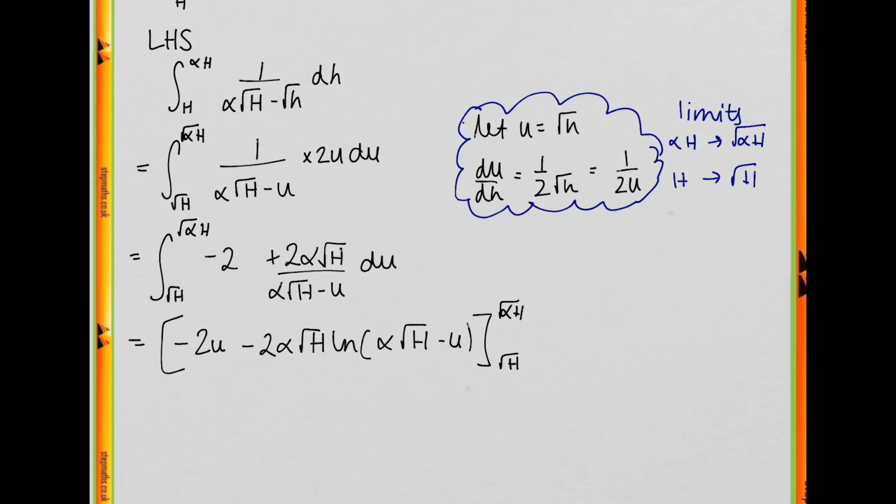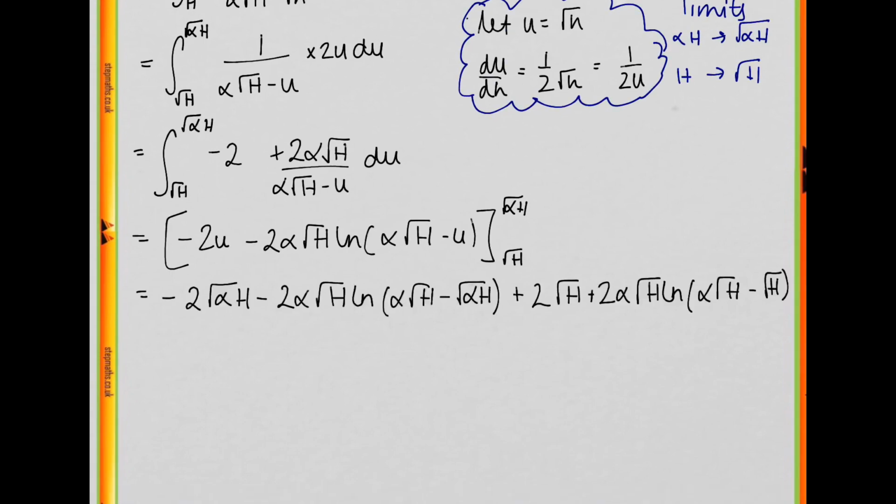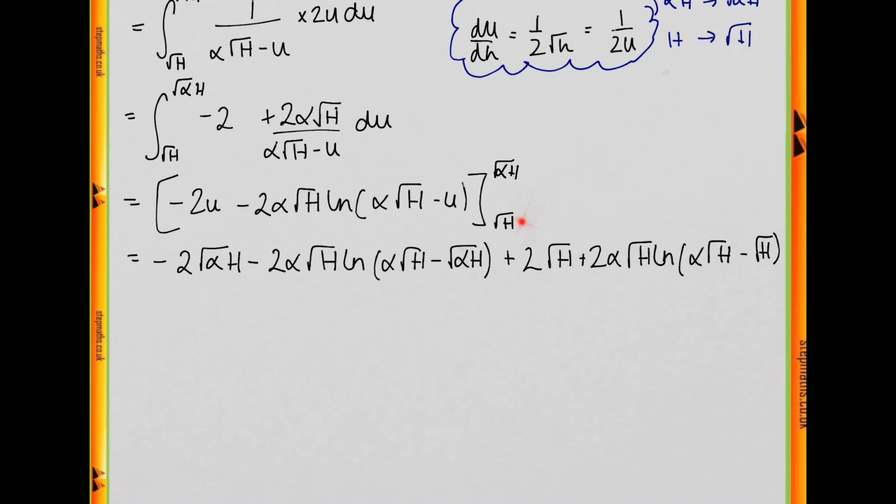So we integrate this, getting minus 2u minus 2 alpha root H ln of alpha root H minus u, evaluated between root H and root alpha H. Then if we evaluate this and expand it out, we get this huge expression. So have a go yourself and check that you get the same thing.